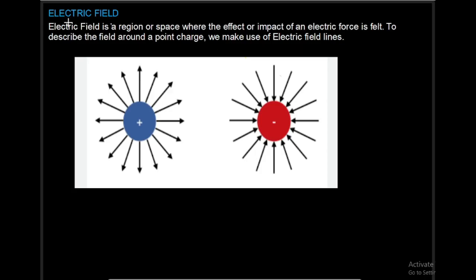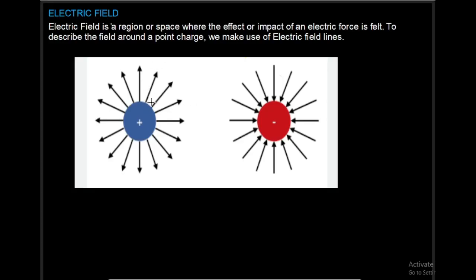Now, to describe the field around a point charge, we make use of electric field lines or the electric lines of force. Every charge, be it a positive charge or negative charge, will create a field around it. This is a point positive charge, and this is what the field around it looks like.